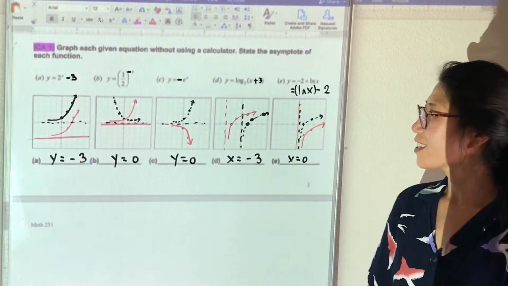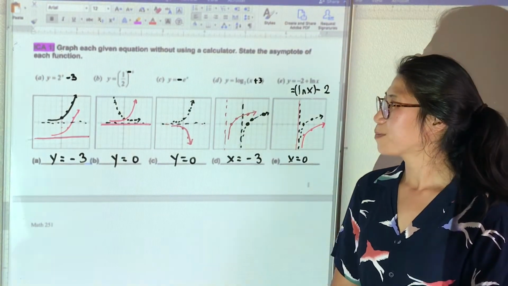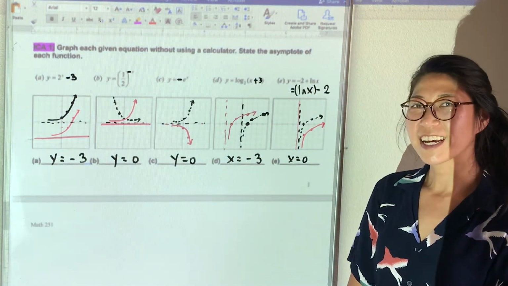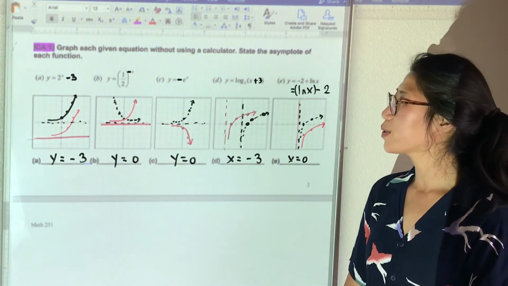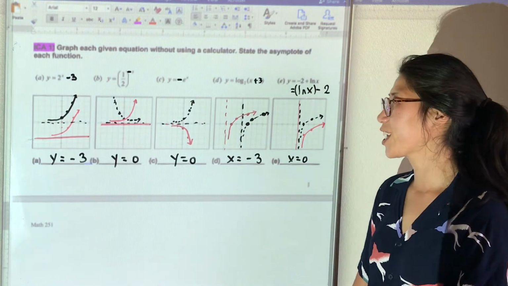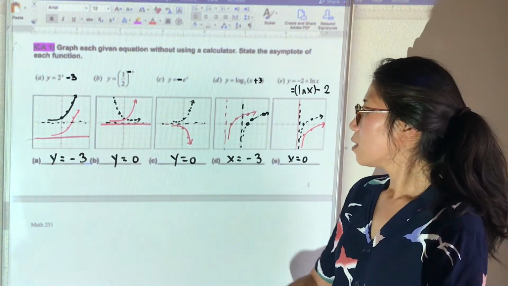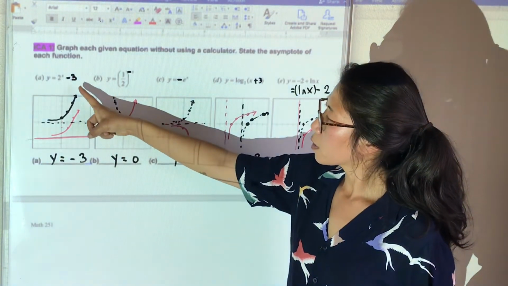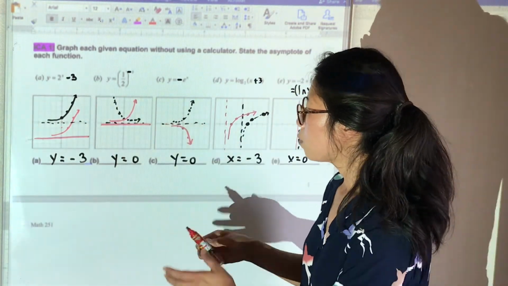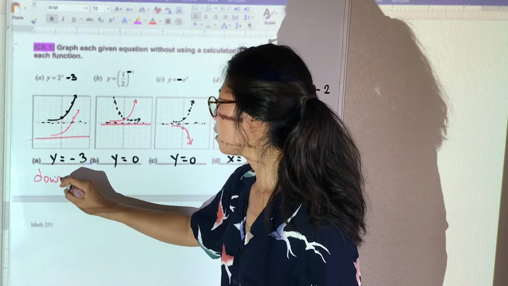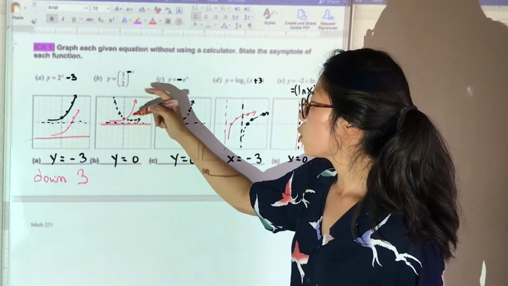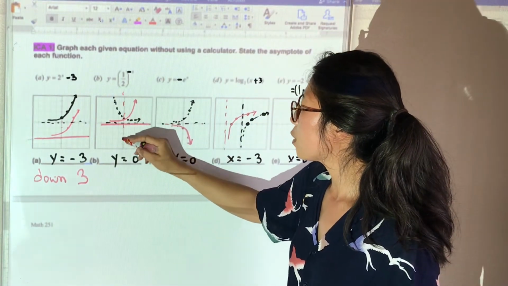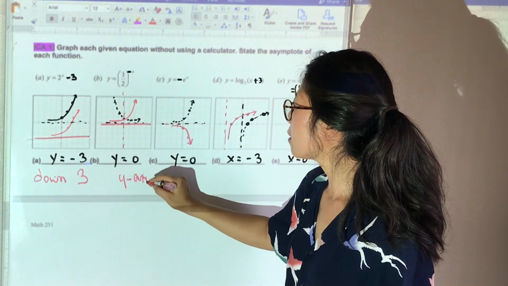Okay, now let's check the answers of example 1 of the in-class activities appetizer part, using transformations from your quick-count material. The red color is the answer, and I will briefly go over it. This means it's going to be moved down 3, and then reflected over the y-axis.